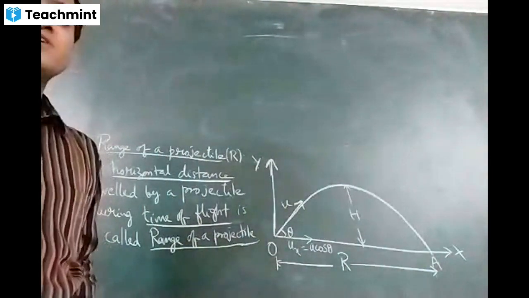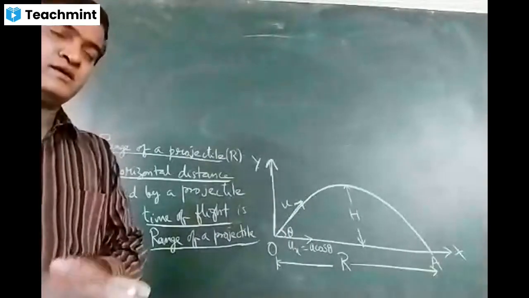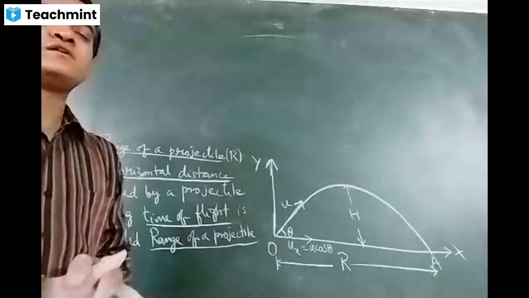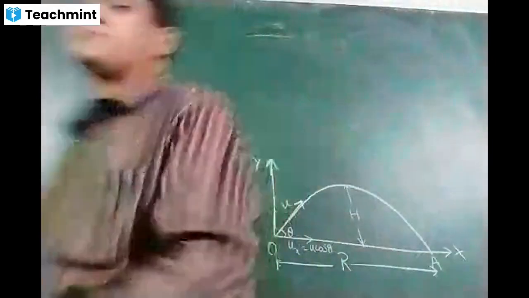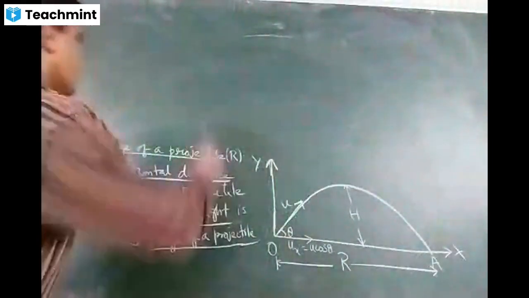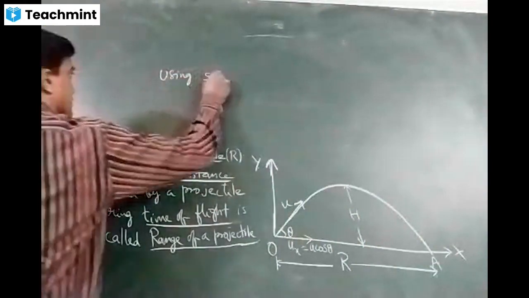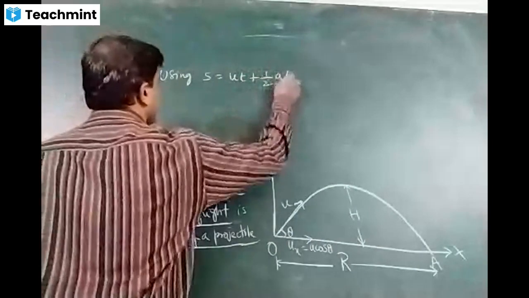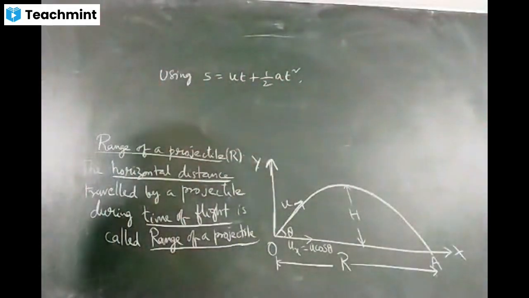So in which equation of motion do you have displacement, velocity, and time? S is equal to UT plus half AT square. Now in place of S, what do you write?